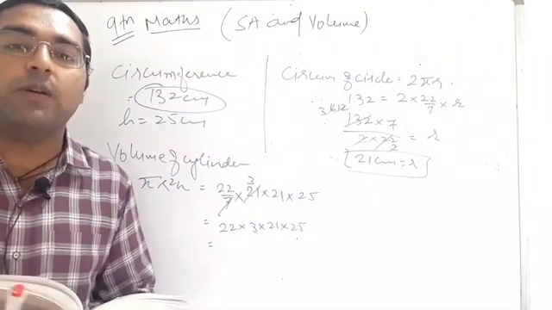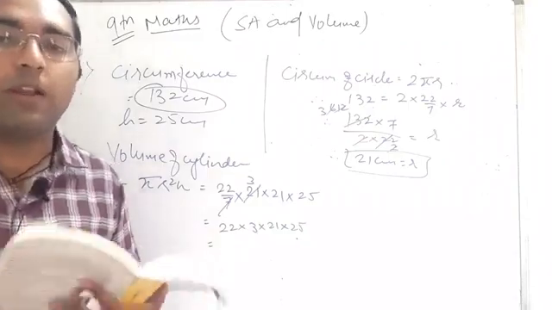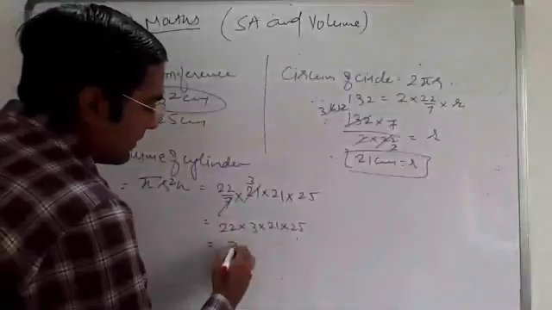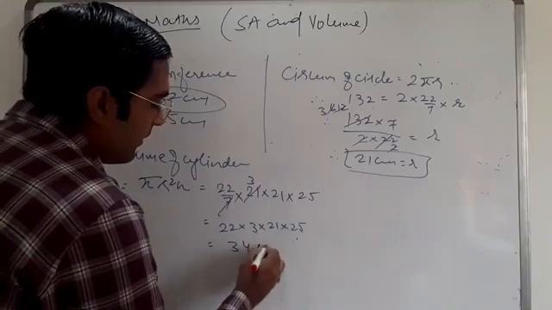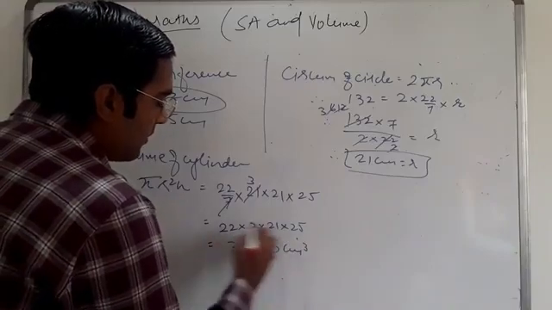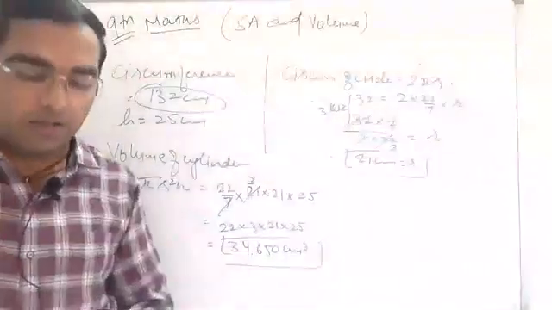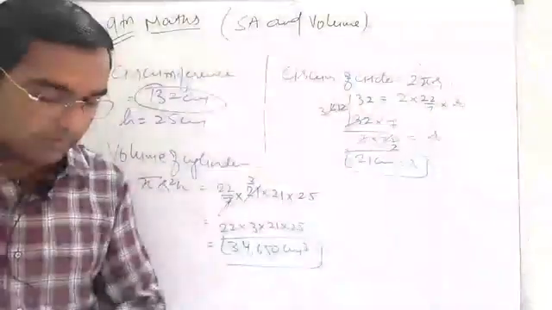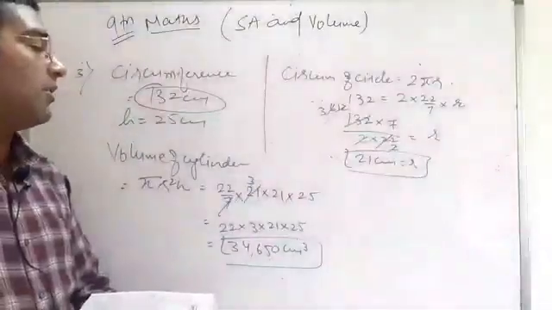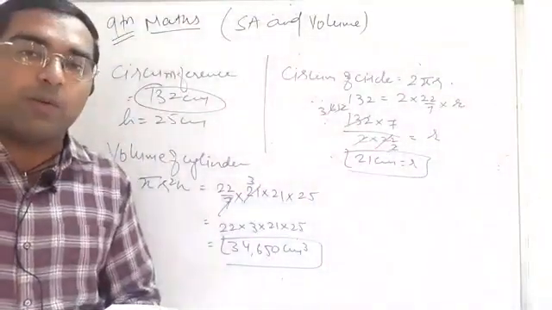That is 34,650. Correct. That is 34,650 centimeter cube. This is the volume of the cylinder, where the height is 25 centimeter and the radius is 21 centimeter.